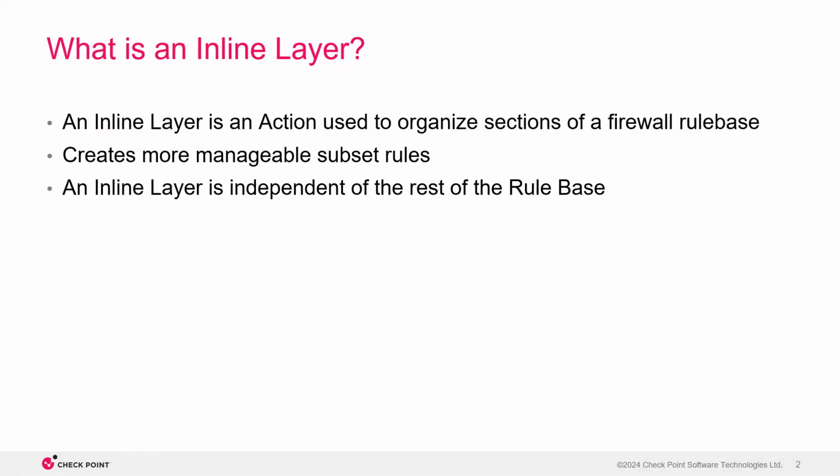So once traffic is determined to be part of the inline layer, it is subject to that section of the rule base. And that rule base becomes essentially its own separate rule base within the rule base. And we're going to see all this illustrated in a minute, and I think it's going to make a little bit better sense.